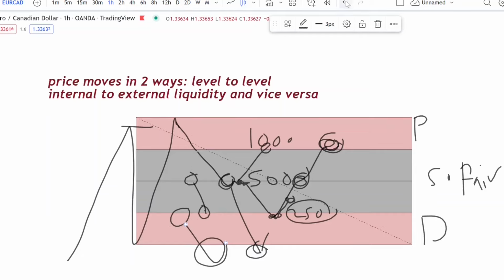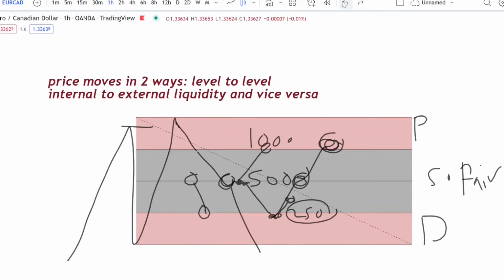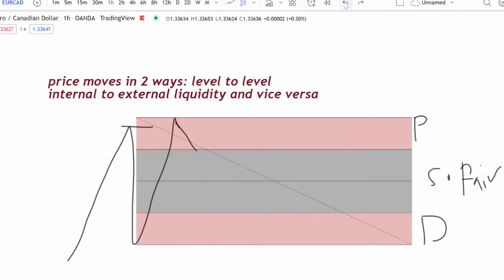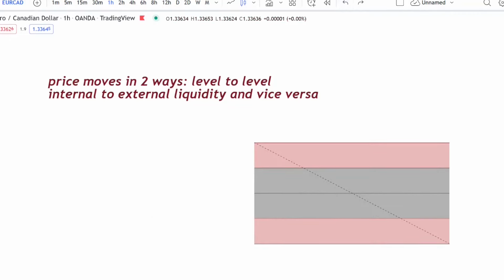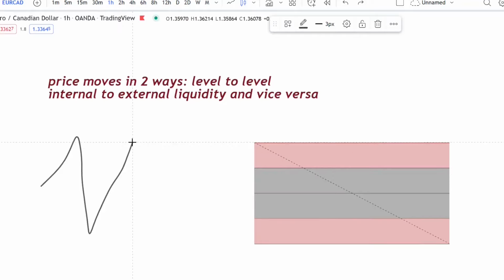And vice versa, right? Let's say it's a bearish market. Price comes back into the range.